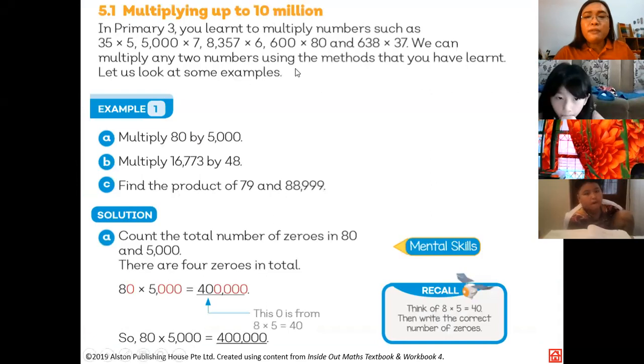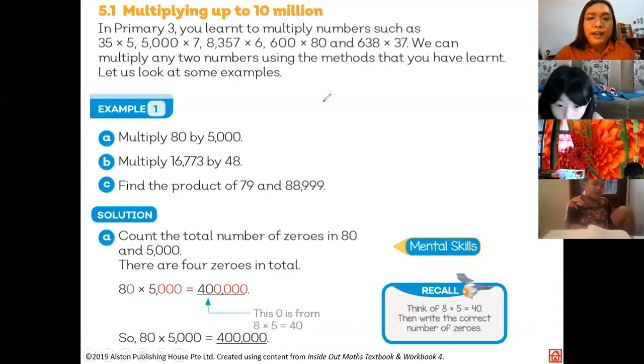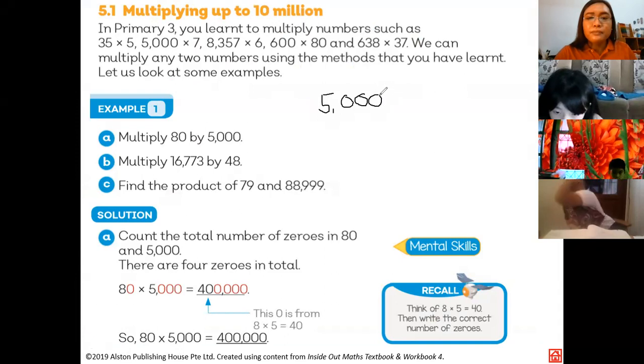All right, so let me give you an example. I'm going to write 5,000 multiplied by 80.